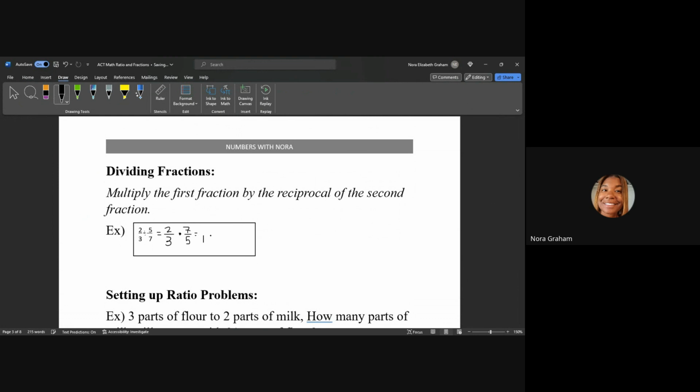So this is 15. 3 times 5 is 15. 2 times 7, that's going to give me 14. Okay. That's how we divide fractions. Just have to remember to flip your second fraction and change your sign from division to multiplication.